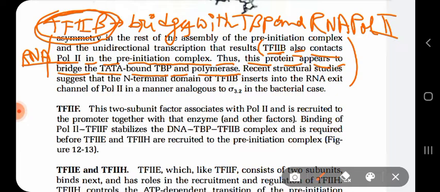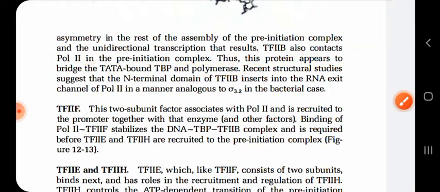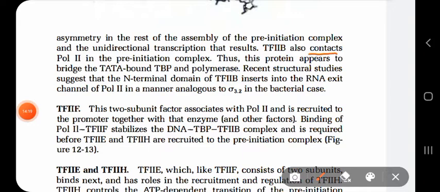It also contacts the RNA polymerase II in that pre-initiation complex. So this TF2B protein appears to bridge the TATA box-bound TBP and polymerase.